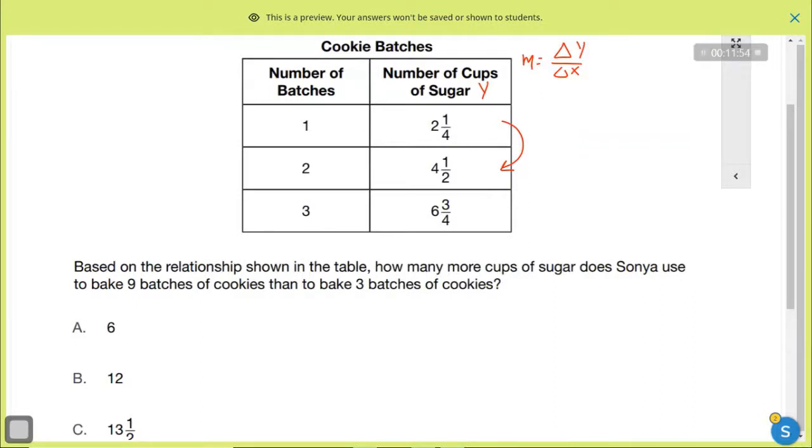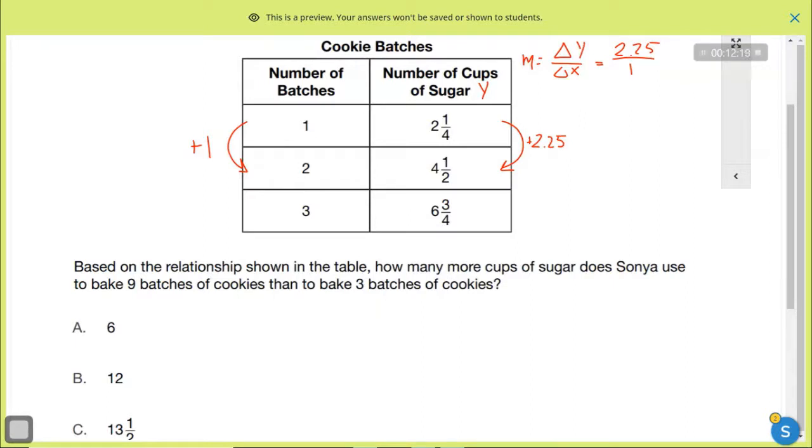Well, you can just take your calculator and subtract 4.5 or 4 1/2 minus 2.25, which is 2 1/4. And we see that it is going up 2 1/4 or 2.25, which makes sense in this case because it is going to be a proportional relationship here. And what's it going up here? It's going up by 1. That means that it is going up 2.25 every 1 batch.